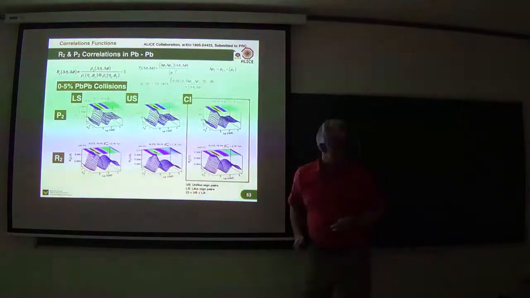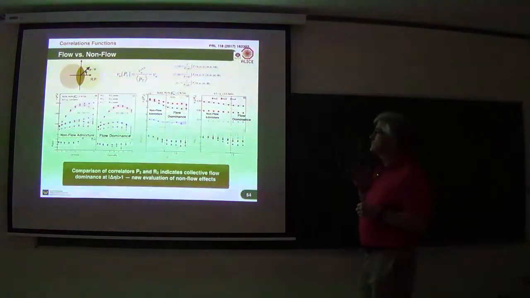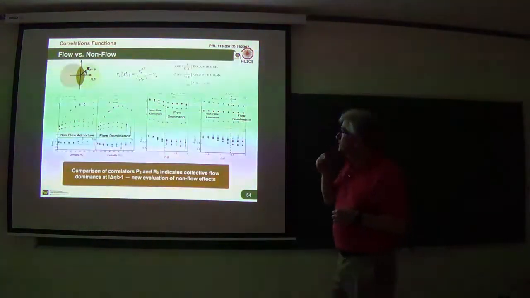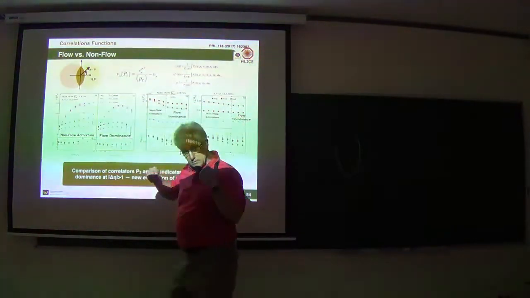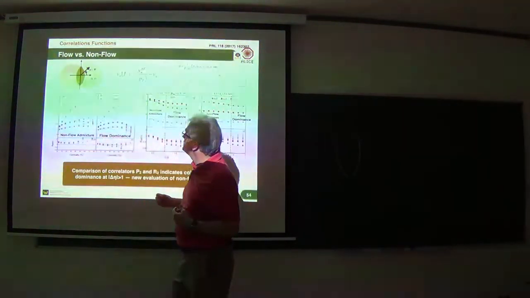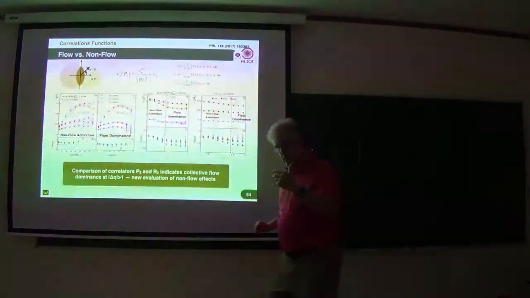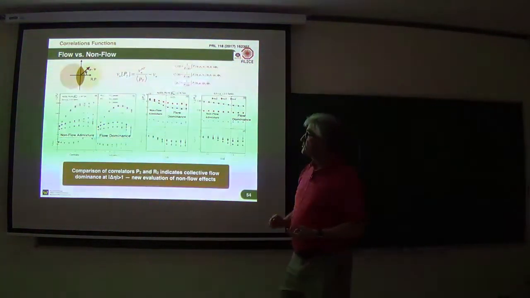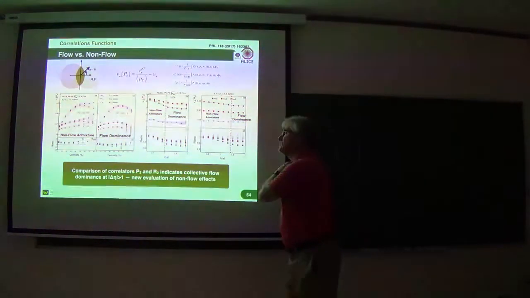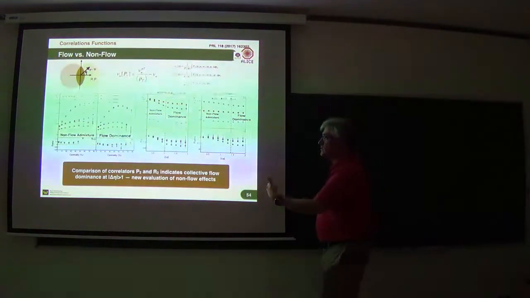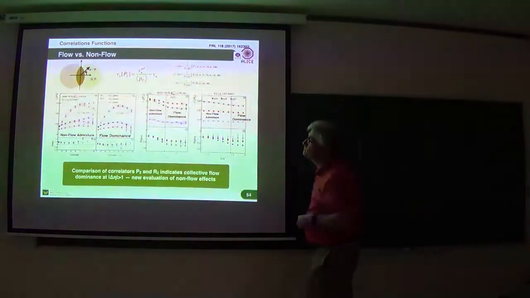The next thing that we did is to compare these two, and what do I have here? We have the data itself, which is in blue, the solid symbols, and we have this formula that I just mentioned a moment ago that translates harmonic coefficients measured in R2 into harmonic coefficients that would be expected in P2.